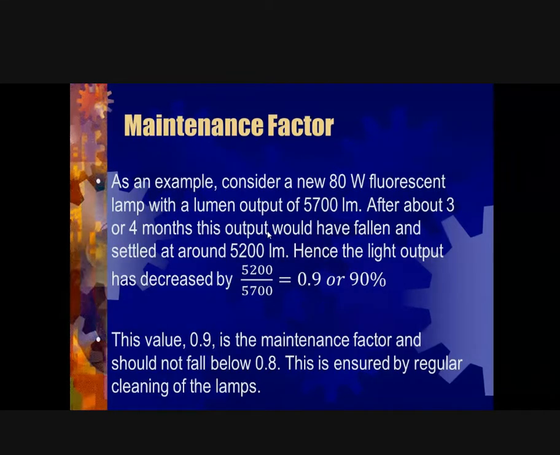A lot of persons don't maintain this. What will happen after a period of time, we realize that the lighting level in the room, based on the design lighting, has now decreased, right? The importance of maintaining the lighting, the maintenance factor, is that when you were doing your original design, the number of lamps would be based on the square footage inside the room.